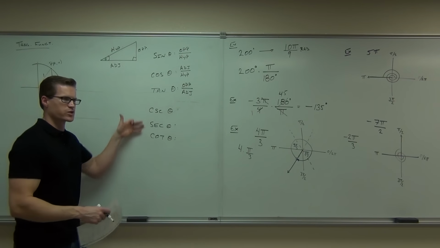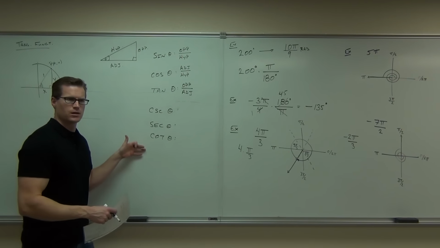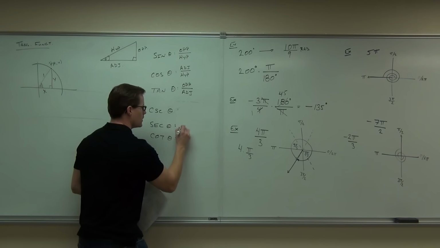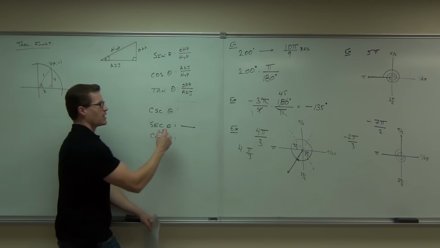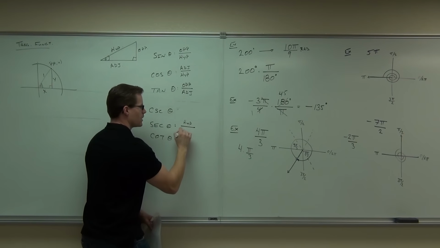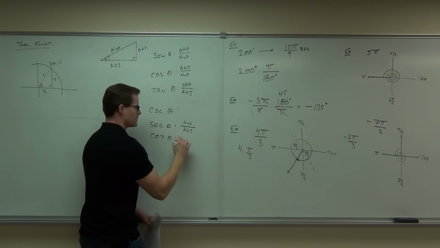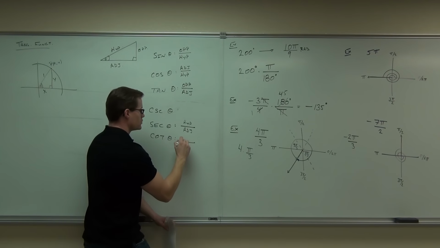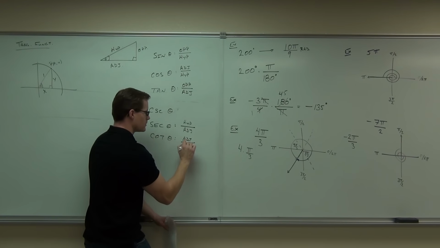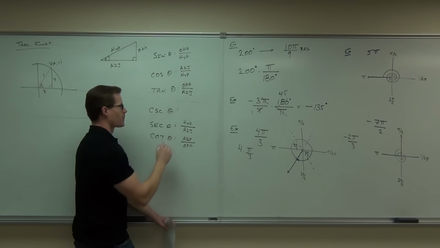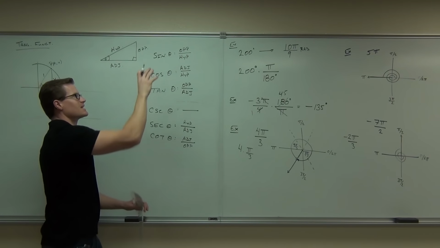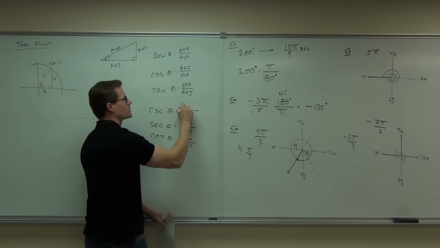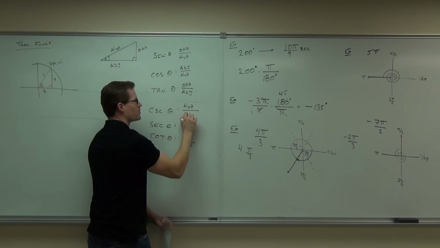Which one is the reciprocal of our cosine? Secant. Yep, the secant is. So here, this isn't adjacent over hypotenuse, it's hypotenuse over adjacent. Well, cotangent goes with tangent. That's going to be your adjacent over opposite. And the cosecant, that's the reciprocal of our sine. So you're going to get the hypotenuse over the opposite.